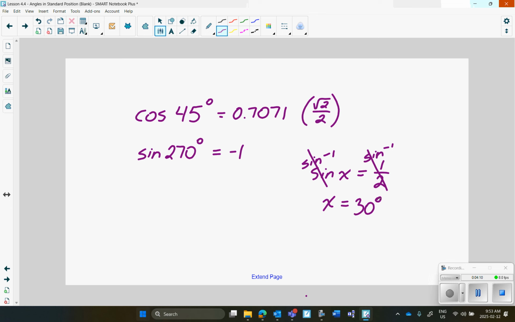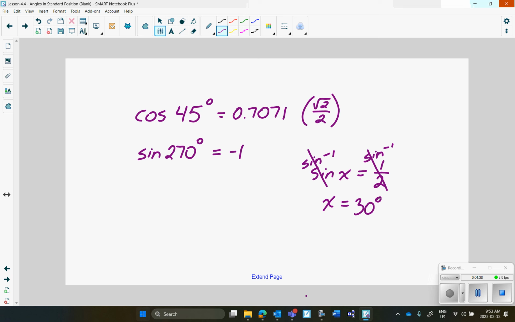Well, that's another thing we're going to do. We can solve certain trig equations where we don't need a calculator to help us find the answer. There are certain angles that have certain values that we're going to look at. And then the other thing is, this is not the only answer anymore. There is another answer. It just doesn't appear on your calculator.